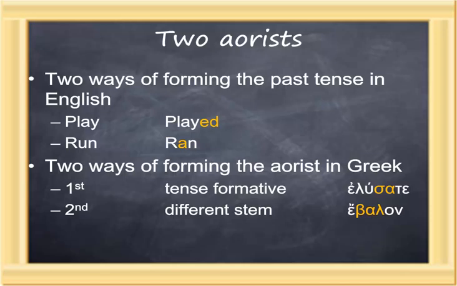The first aorist uses a tense formative, sigma alpha, to indicate that the form is aorist. The second way of doing so is by employing a different stem, as in ebalon. The stem is not beta alpha lambda lambda, as in the present, but just beta alpha lambda. That's the different stem.